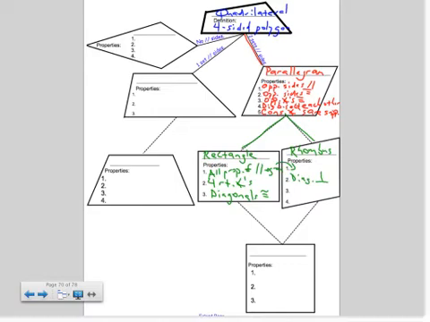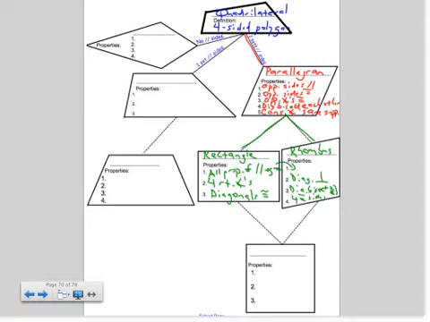Second unique thing, diagonals bisect opposite angles. And the fourth property of a rhombus that makes it unique is 4 congruent sides, or all sides are congruent.